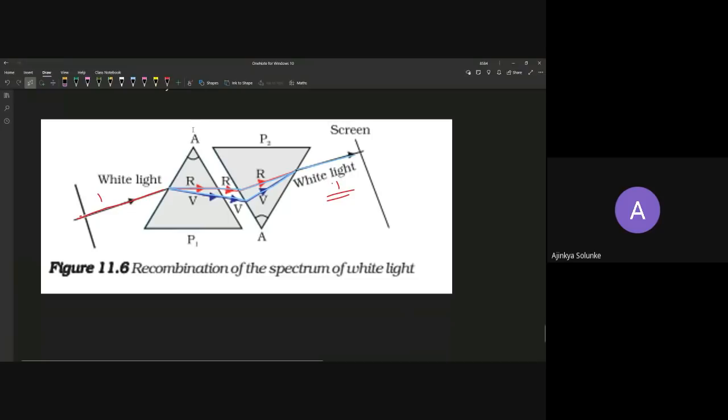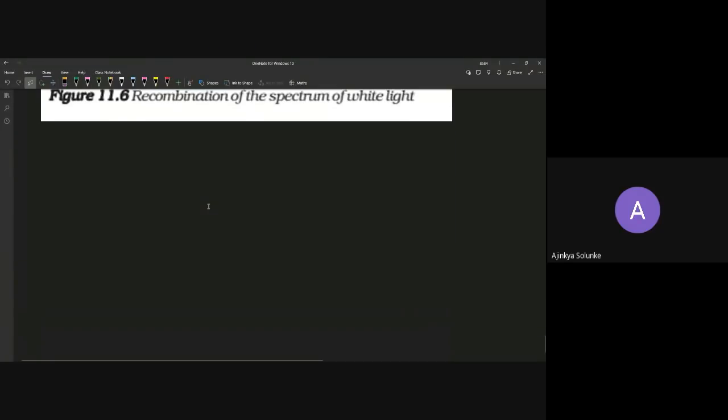Because technically he should have received 49 colors, but what is the problem then? I will just draw the diagram and you tell me what might be the problem. These are our 2 prisms. And in the second diagram, what I'm doing is combining these two prisms.